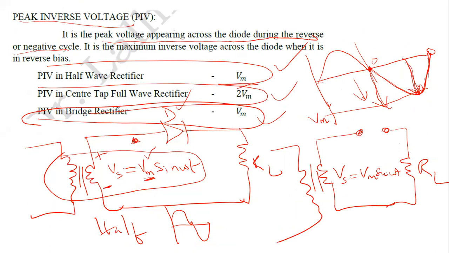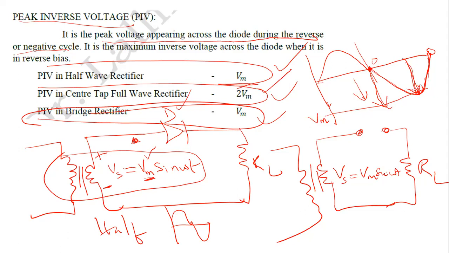Usually in practical rectifiers, people go for the bridge rectifier because here it is easier to prevent avalanche breakdown under reverse bias. However, in center tap, we have to have a very high quality p-n junction diode in order to avoid avalanche breakdown under this peak inverse voltage.